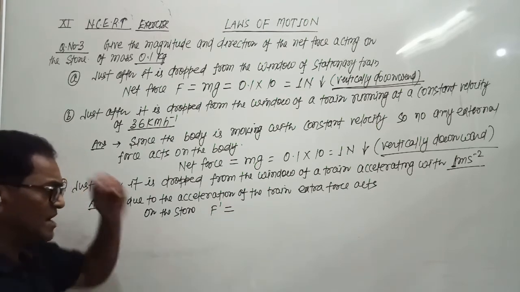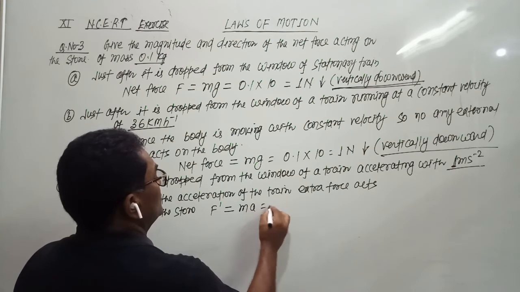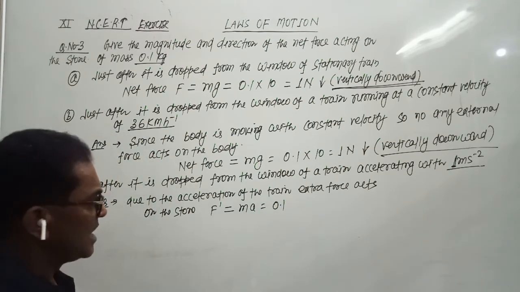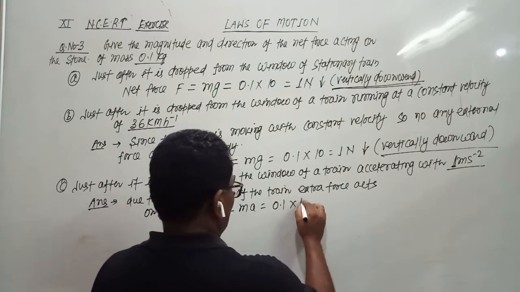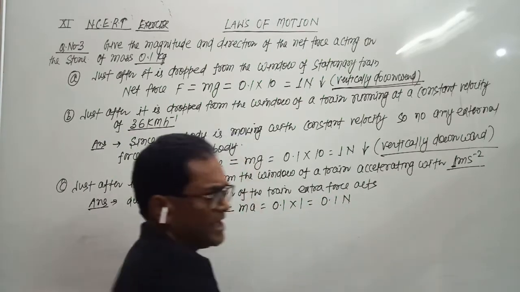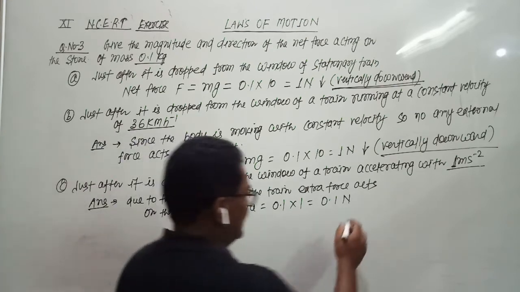F dash is the extra force acting on the stone, which equals m into a. Mass is 0.1 and acceleration is 1. So this is 0.1 Newton. The extra force acts on the stone in the horizontal direction.